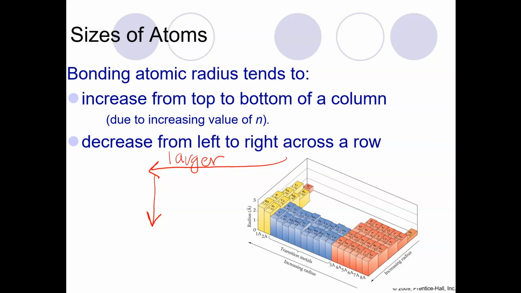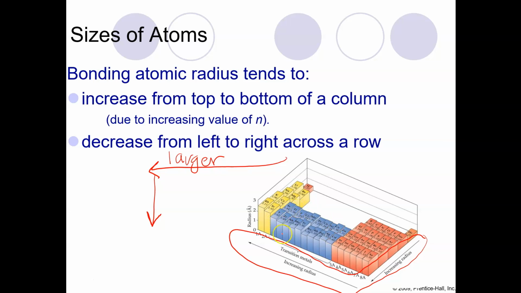I'm going to draw a rough picture of the periodic table on the next slide, but it also is shown right here. Increasing radius, so for us increasing atomic size. So you can look at the red, the p orbitals on this, or I guess it's kind of orange. They definitely follow this trend. The boxes get taller as we follow these arrows. For the yellow ones, same thing.